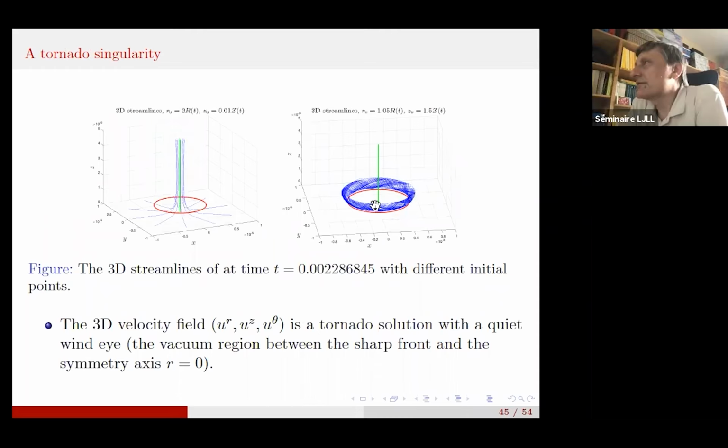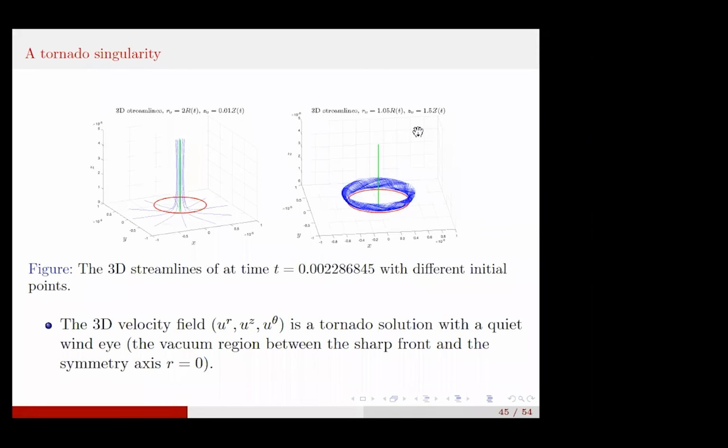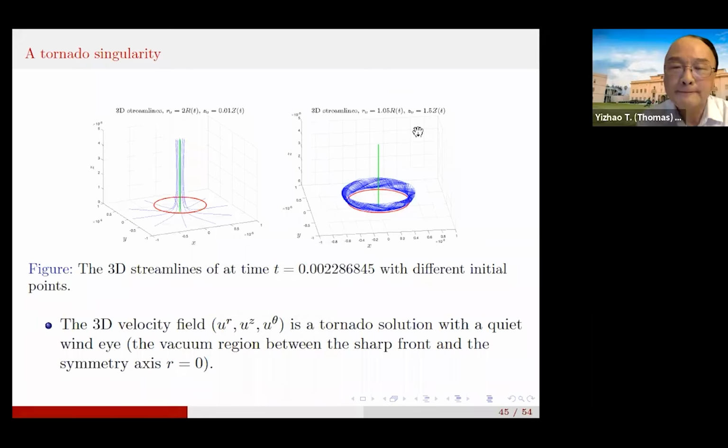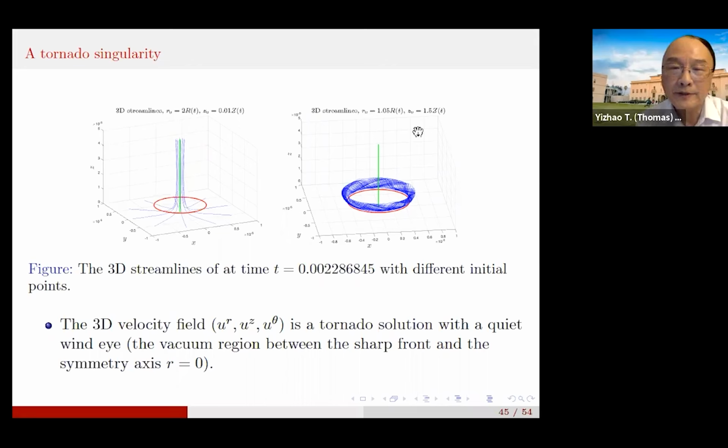Yes, someone raised a hand. Luis, maybe Luis Vega. Yeah, hello. Thank you very much for your talk. I was wondering, you have been using this Beale-Kato-Majda criterion. And I was wondering if maybe this other criterion by Constantin-Fefferman-Majda could be better in this case, given that the direction of the vorticity seems to play a role. Oh, I see. That's a very interesting suggestion.